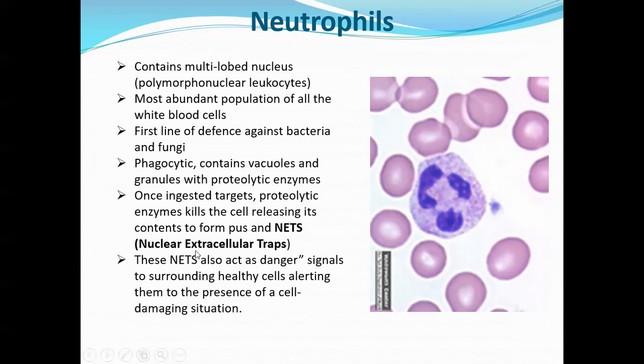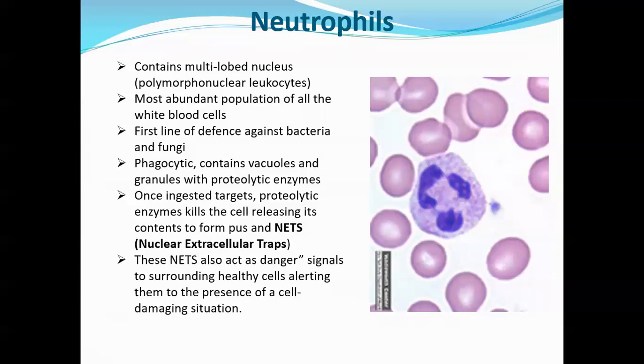These are called nuclear extracellular traps because the intracellular contents of the neutrophil, a lot of that contains DNA, which is sticky. So that acts like a glue in being able to trap a lot of other bacteria within that site.